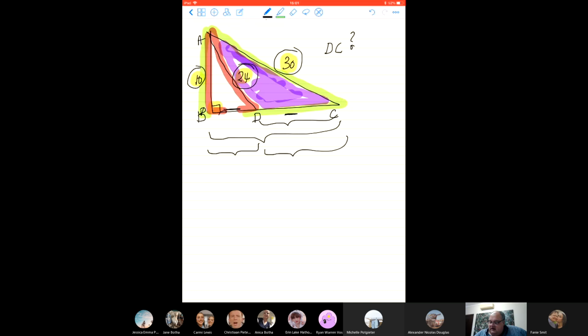But in this red triangle over here, I can find BD. So BD squared is equal to the long side, which is 24 squared, minus the other short side, which is 10 squared. And then you have to go and find BD. To save time, I'm going to do it quickly, because you already know how to do it now.